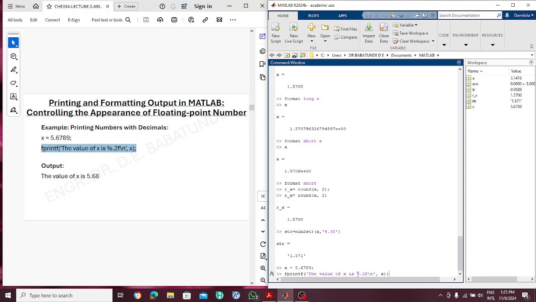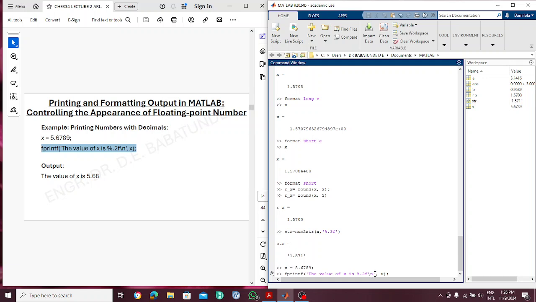So percentage is the way to start a placeholder or a specifier. In this case, .2f is saying 2 decimal places, and f is saying what we are passing in is going to be a floating number. Then by \n, we are saying that the command cursor should now move down after typing all of this.